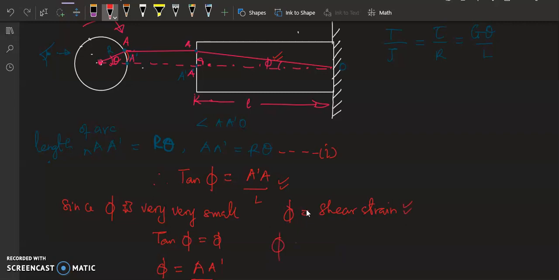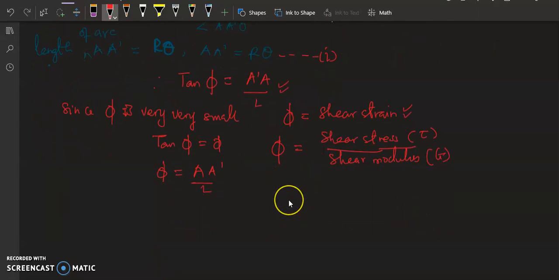So shear strain is equivalent to shear stress tau over shear modulus, which in this case is equivalent to G. So that is how we can get shear strain. So it will leave us with this equation, tau over G.